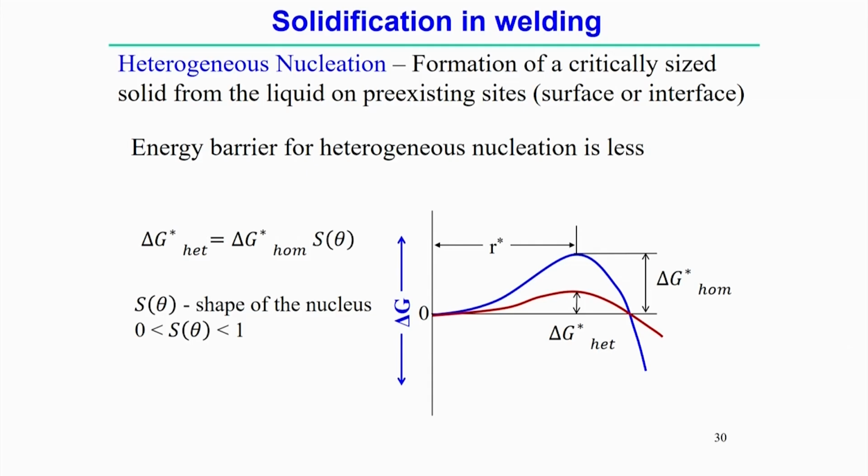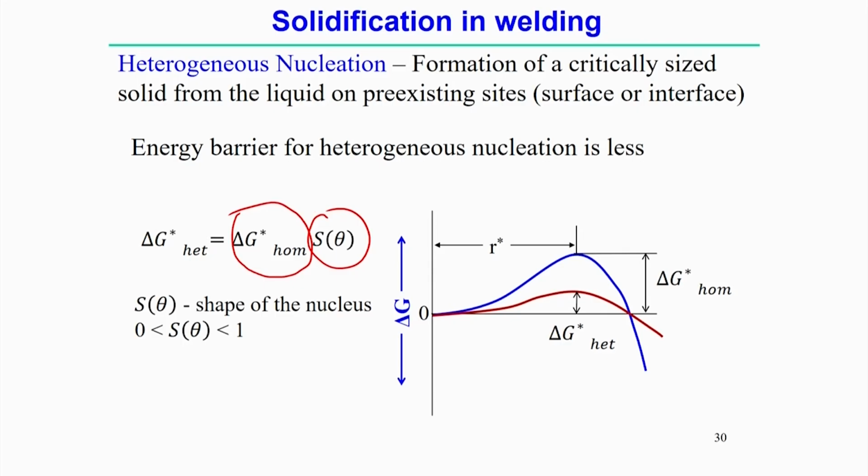So, if we simply represent the optimum amount of energy required in the case of heterogeneous nucleation, it is the optimum energy required for the homogeneous nucleation process multiplied by some factor S, which is a function of theta.